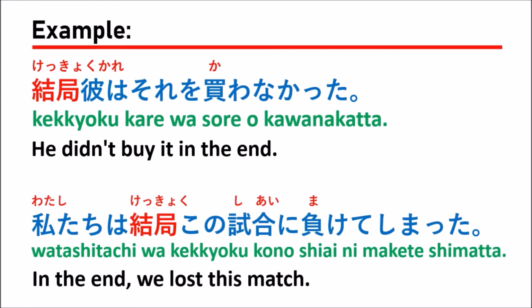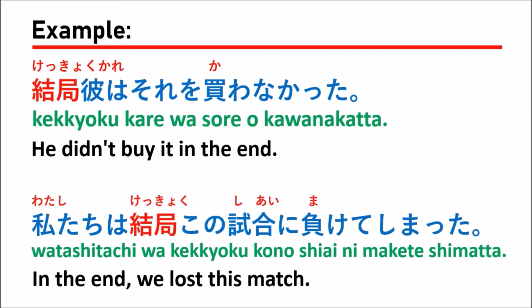So at the end he decided not to buy the product, or whatever he wanted to buy at that time. In a situation like this, we can use KEKKYOKU to conclude that he bought or didn't buy something.